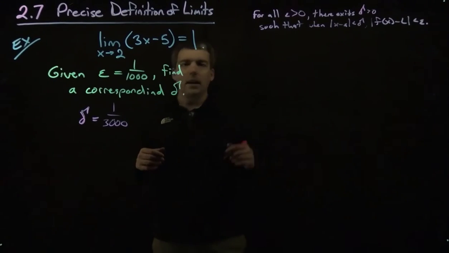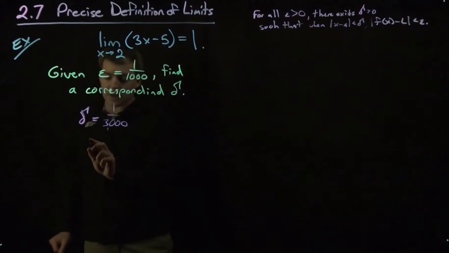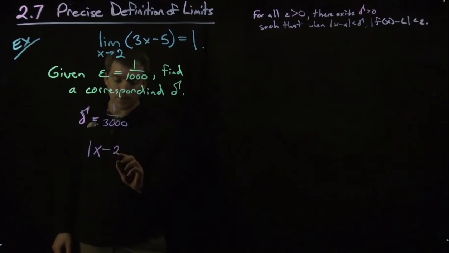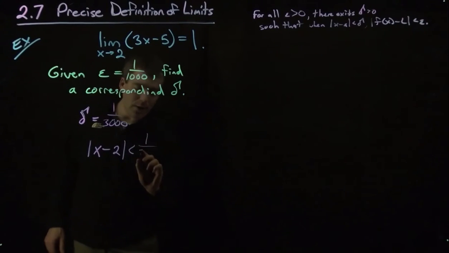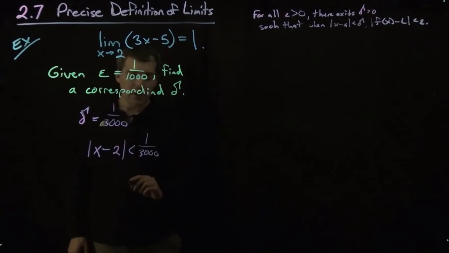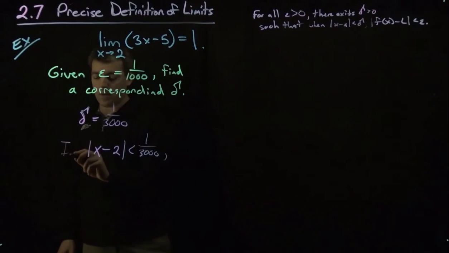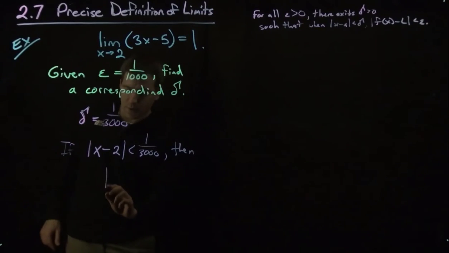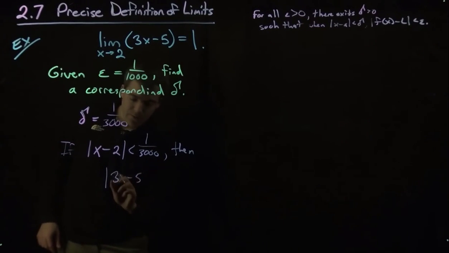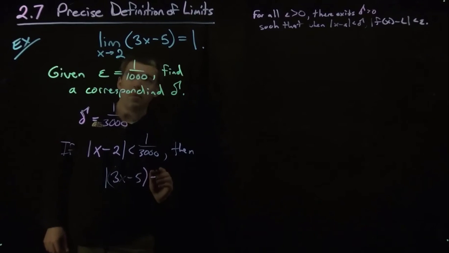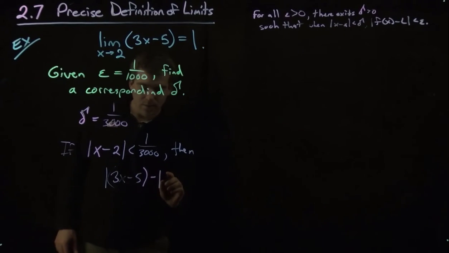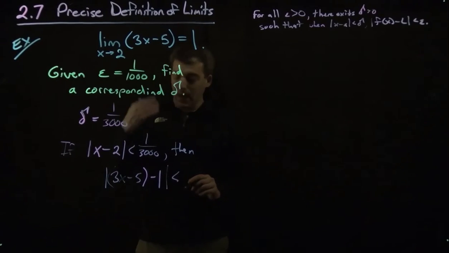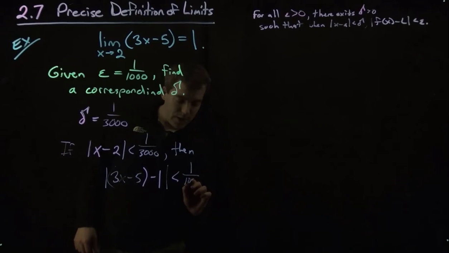Well, this means that if x minus 2 is less than 1/3000, then the function, so this 3x minus 5 minus the limit 1 will be less than the epsilon, 1 in 1,000.